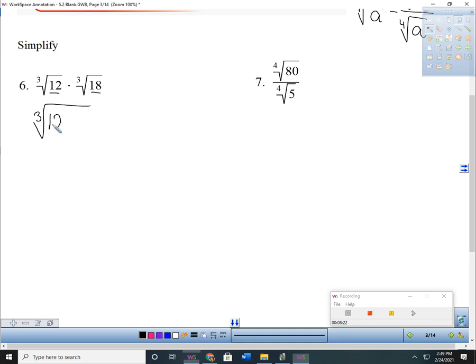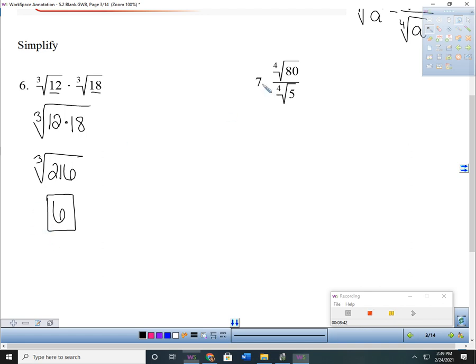That way we don't forget when we look back at our notes. So I'm multiplying these two. They're the same root, so I can multiply them together. So the 12 times the 18 is going to give me the cubed root of 216. And the cubed root of 216 is 6. And we're done.